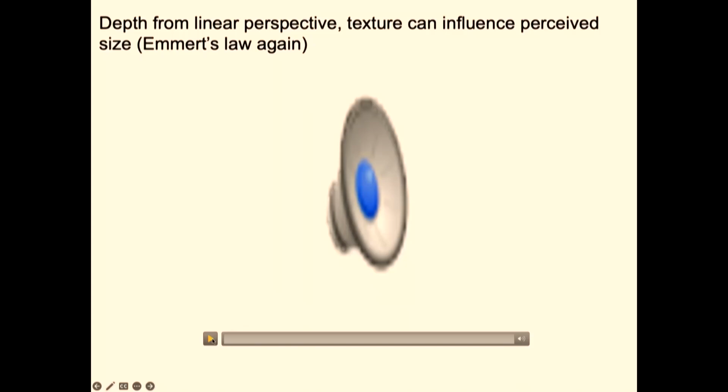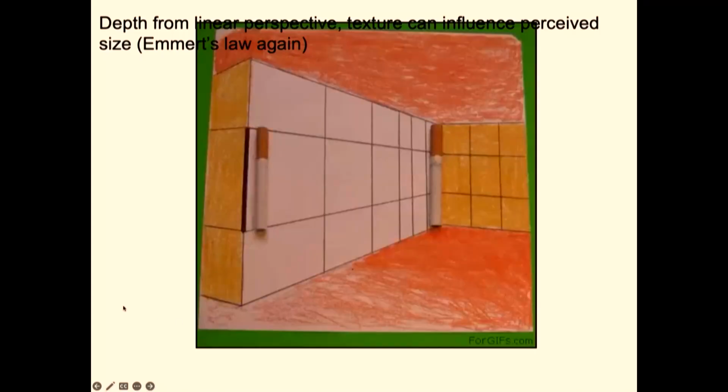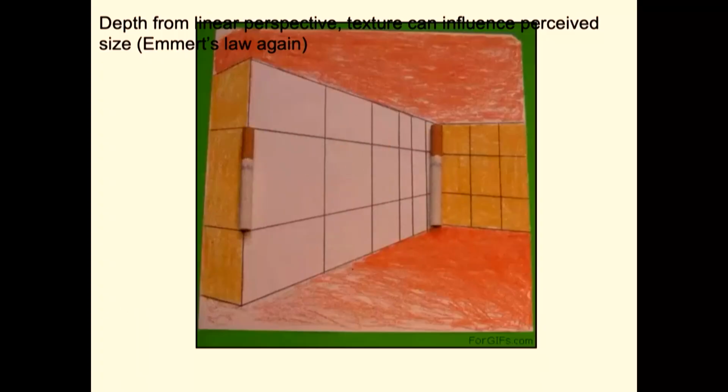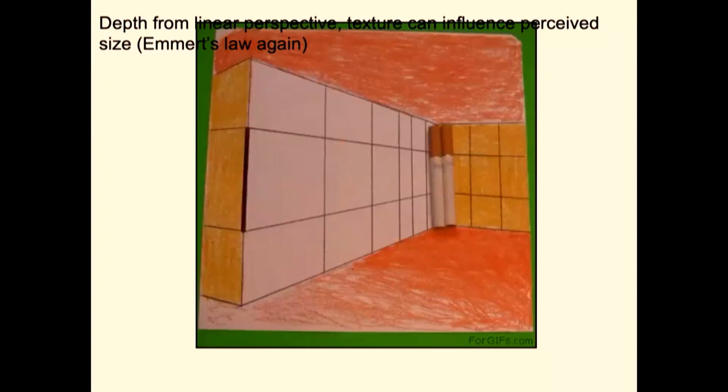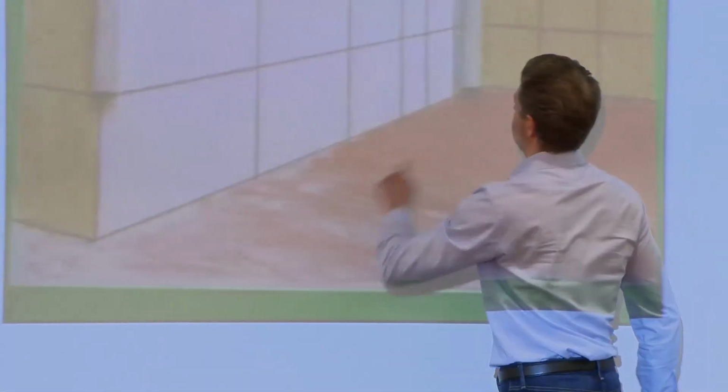Here's another kind of cool example. We've got two cigarettes, and they're positioned on a drawing that makes use of linear perspective to cause this to look like it's closer to you than this.